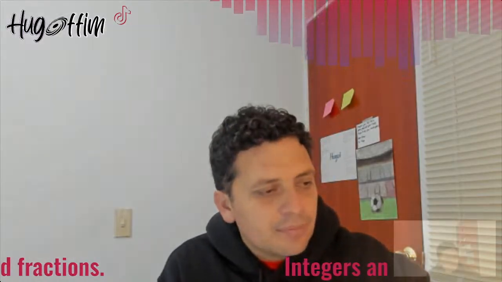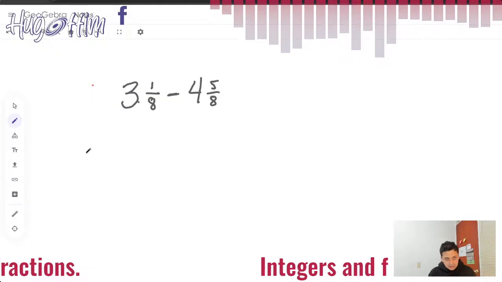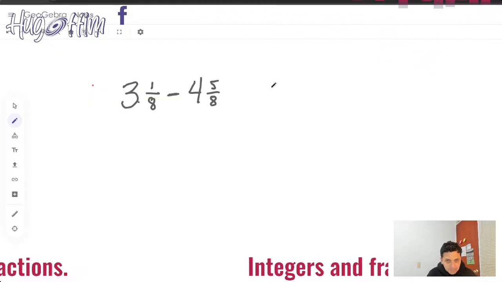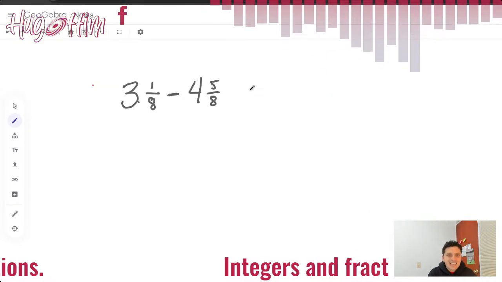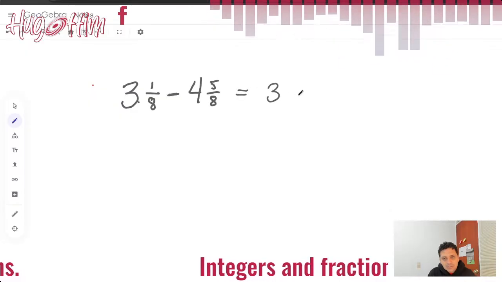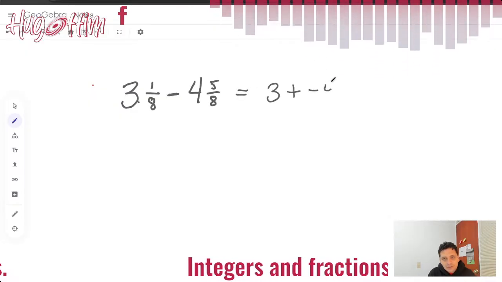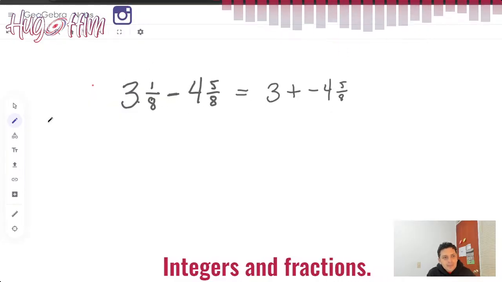Some people tell me, but this is a subtraction. Remember that subtracting the positive is the same as adding the negative. So I can see this mixed number as plus, minus, 4 and 5/8.